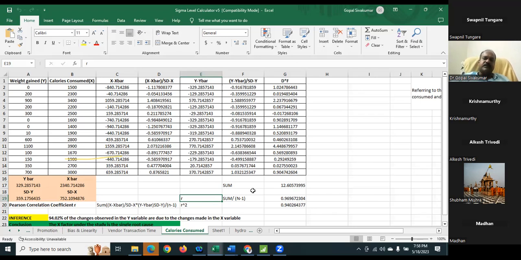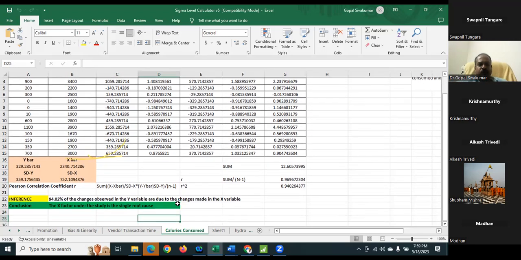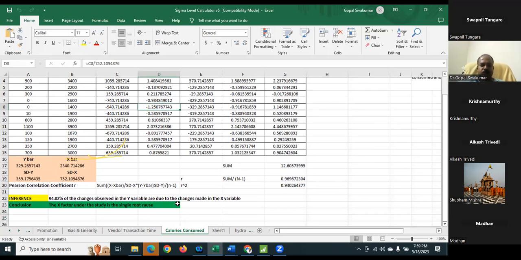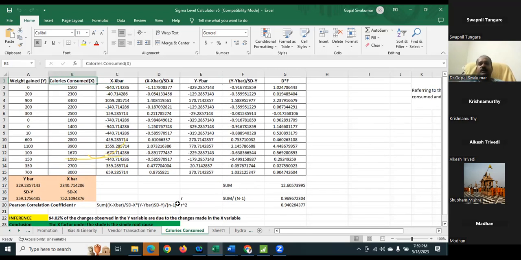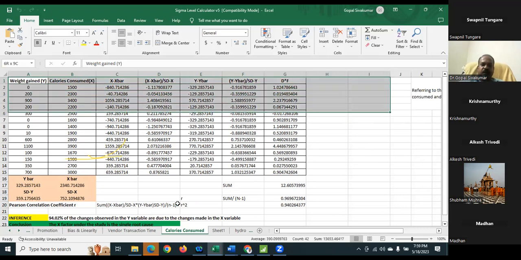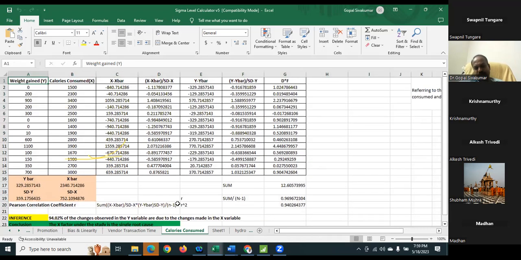This is helping you to understand how the relationship is directly by looking at the R value. You don't have to look at any graph, but you can always refer to both. That's a good idea. So I want all of you to go through this Excel on your own, so that you can gain a better understanding of the logic of the Pearson correlation coefficient. Clear?